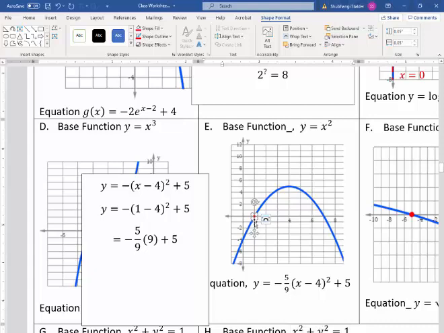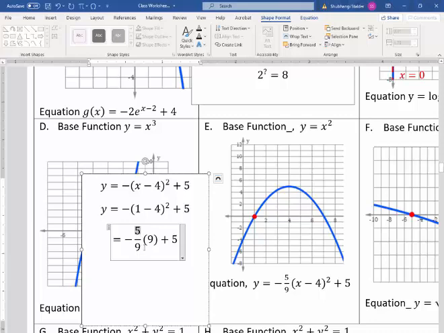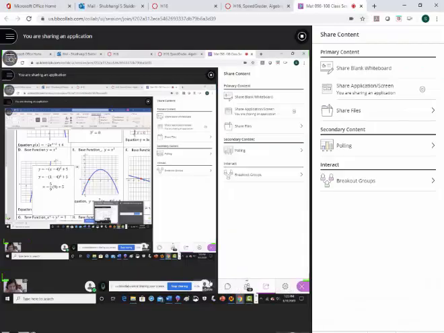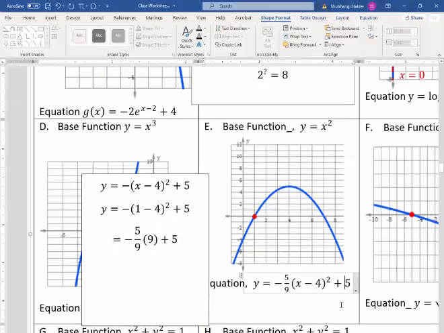When I plug in 1, I need to get a 0. But right now, when I plug in 1, if there is no number out here, I'll get a 9. But I want to get rid of the 9 and have a 5 in its place. So that's why 5/9. Can you see? Hello? Not yet. Okay. Can you see it now?